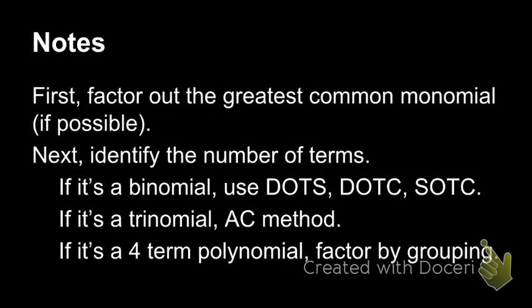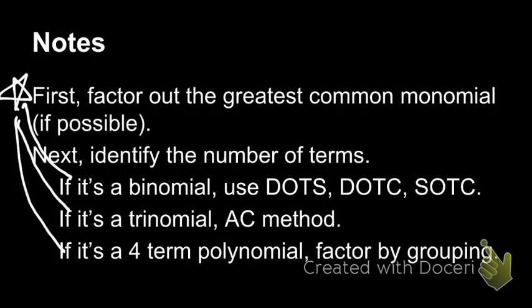All right, so first, notes about factoring. You can look at this as a little flow chart. Starting at the top, you want to factor out the greatest common monomial. Whenever you see a polynomial and you have to factor it, see if there's a common factor that goes into each of the terms. Then it's going to be three different things.